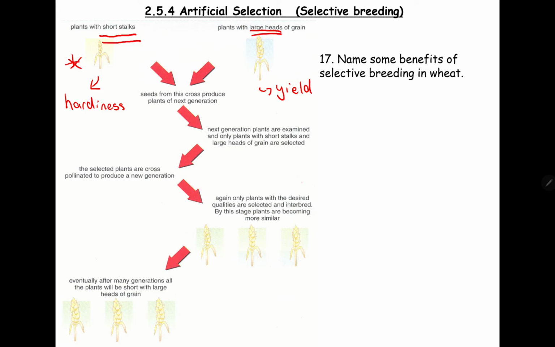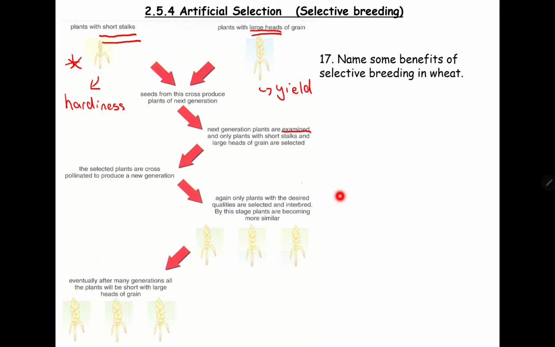So they let these two different types of plant cross to produce seeds for the next generation. The next generation are allowed to grow, and then they are examined, and only the plants that have both hardiness in terms of being short and a good yield in terms of large heads are selected for the next generation.